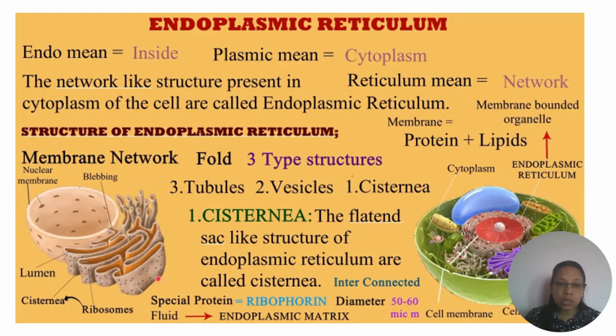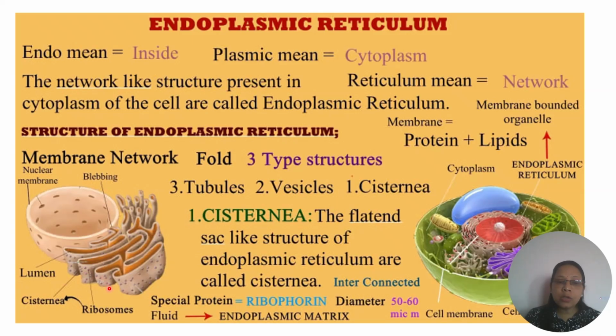These dot-like structures are nothing but ribosomes. And from where are these ribosomes coming? From the nucleus. The nucleolus inside the nucleus synthesizes ribosomes. These ribosomes come through nuclear pores and attach to the cisternae surface. See here, the dot-like structures are ribosomes.